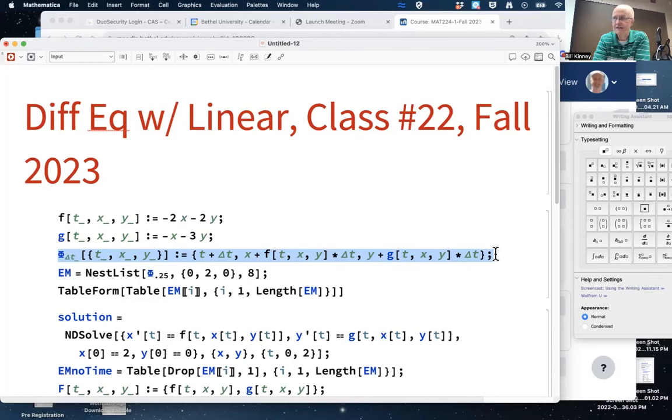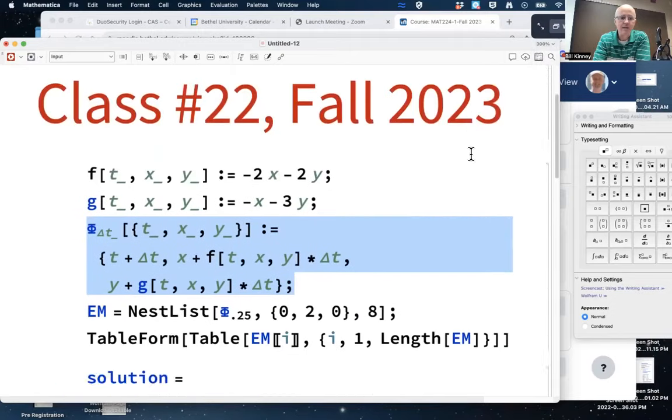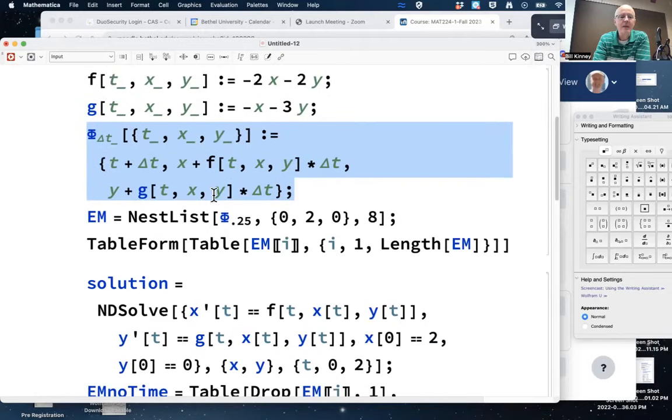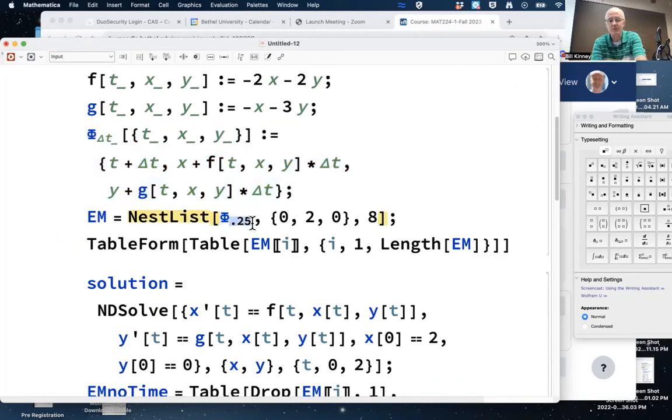It's not a solution. It's just a function that I named, the function that I iterate. It's not consistent with our other use of capital phi. NestList is iterating that function for whatever value of delta t you pick. Let's use 0.5 to start with and see what happens.